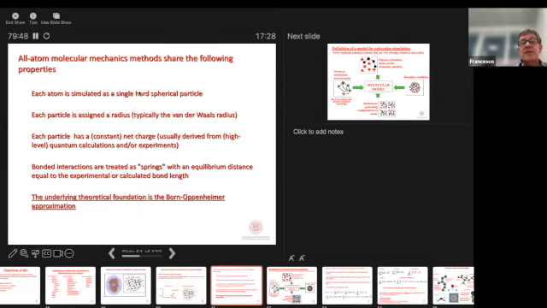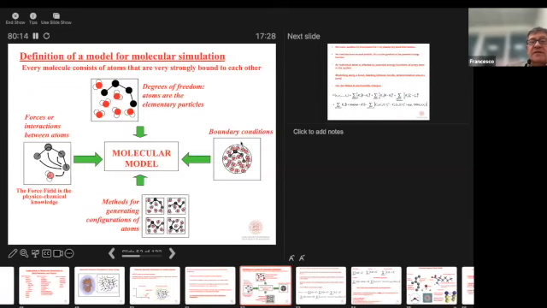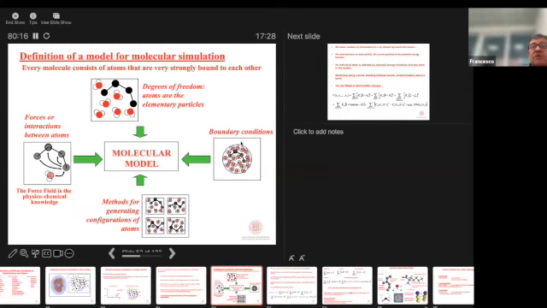Each atom is now simulated by a hard spherical particle. Remember this word, because if I have time, there will be soft particles that will come along. Each particle has a radius, and most importantly, can have a net charge. Devising the parameters that describe all these things is quite important.